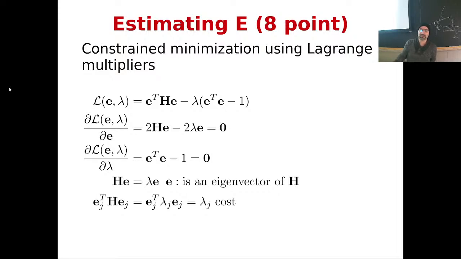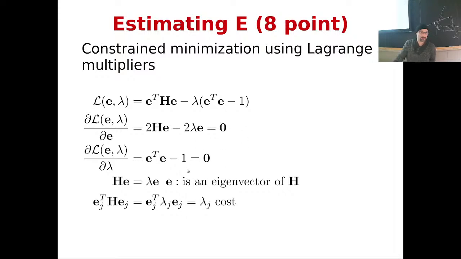The first equation is obtained by differentiating the Lagrangian with respect to the variable you want to minimize, which is in this case E. If I differentiate with respect to E, I get straightforwardly 2HE minus 2 lambda E. And the second equation is the derivative of the Lagrangian with respect to lambda, which is the constraint, basically.